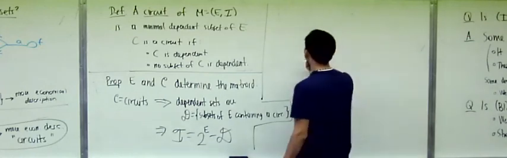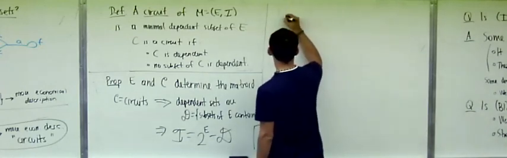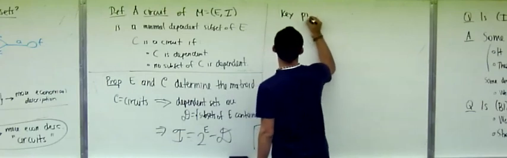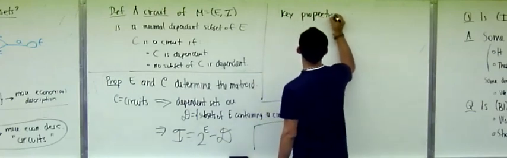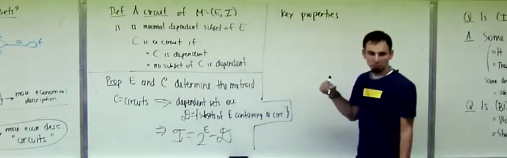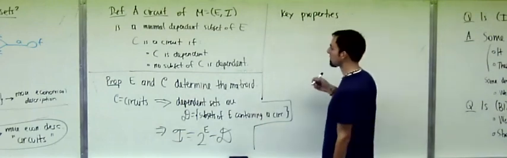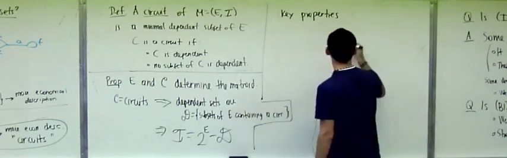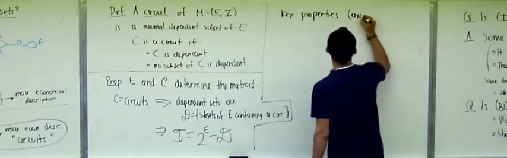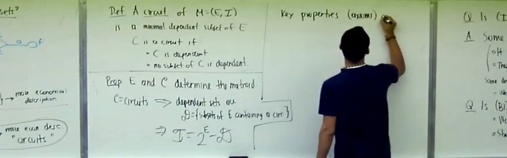So what I want us to do is to decide which are the key properties or the axioms that we want to keep track of for C.